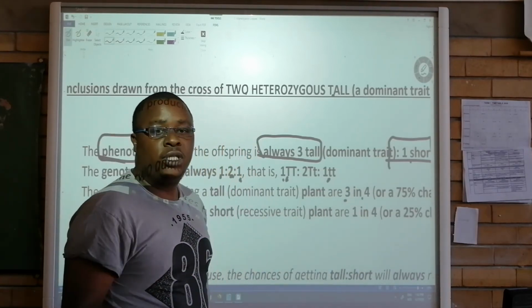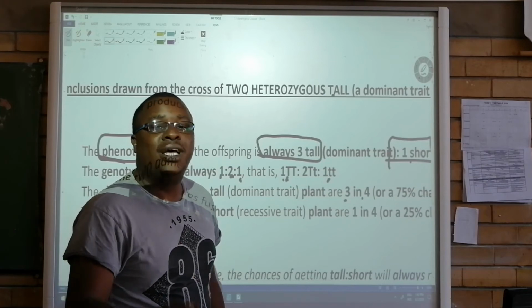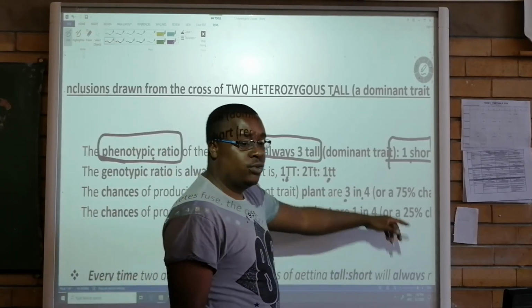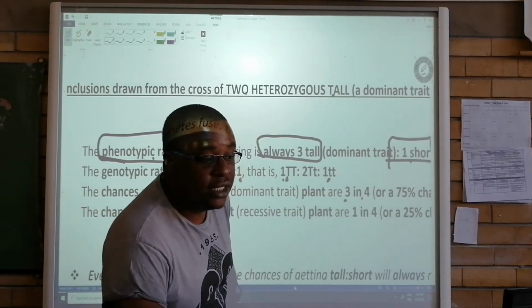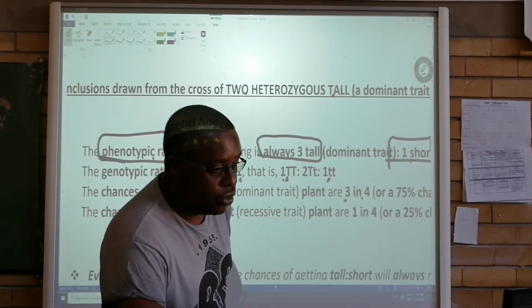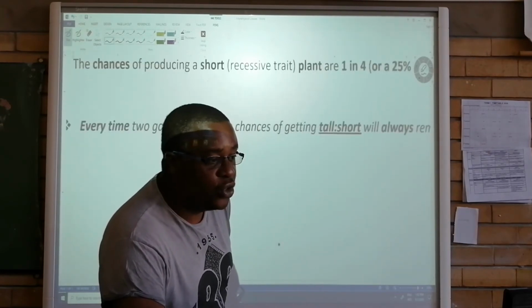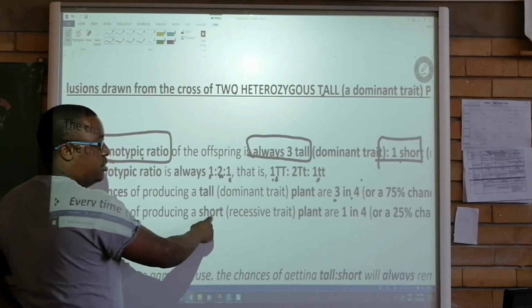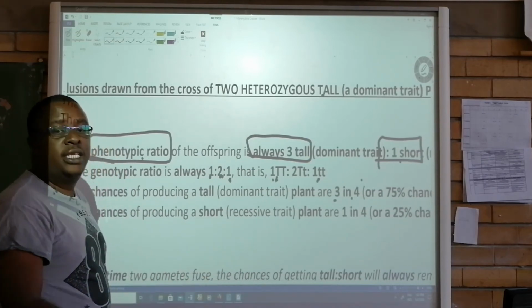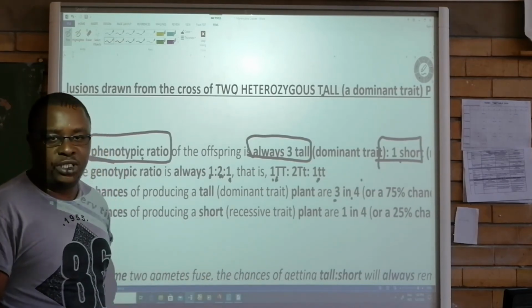Out of the 4 offspring, 3 are going to be tall. That is a 75% chance. And the chance of producing a short plant, the recessive trait, is 1 in 4, or 25%.